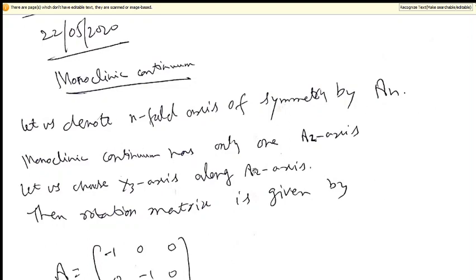Like the triclinic continuum, in which we have seen that there is only one symmetry, which is center of symmetry, the monoclinic continuum also has that symmetry, and in addition to that symmetry, the monoclinic continuum has only one A2 axis.